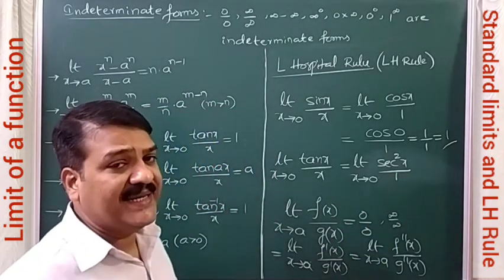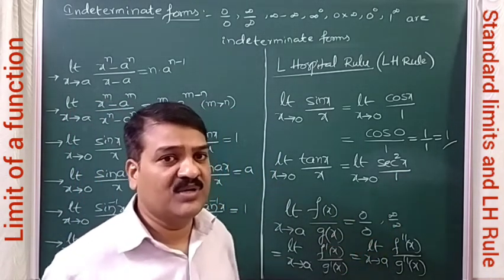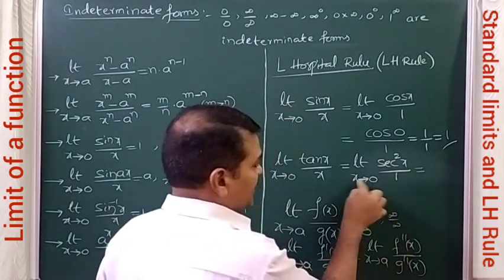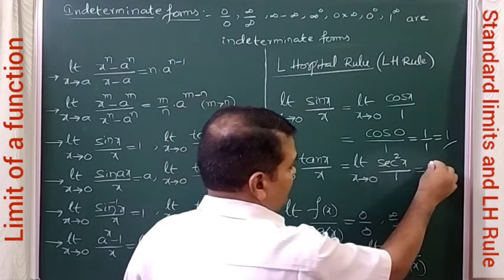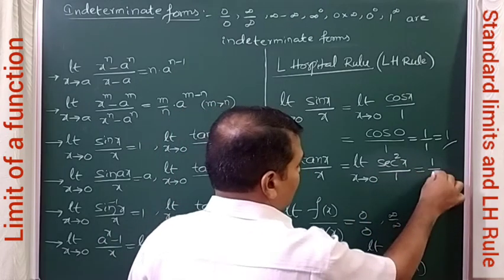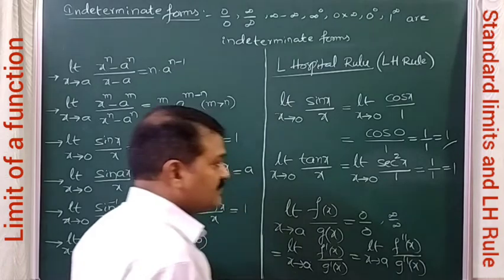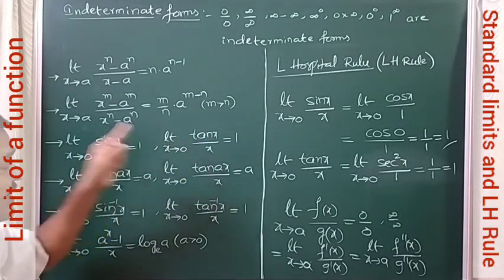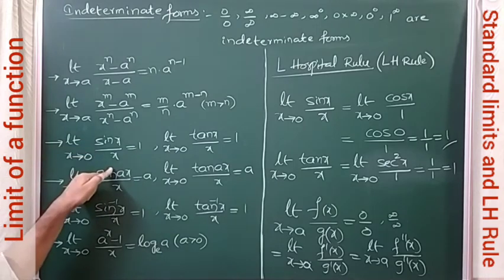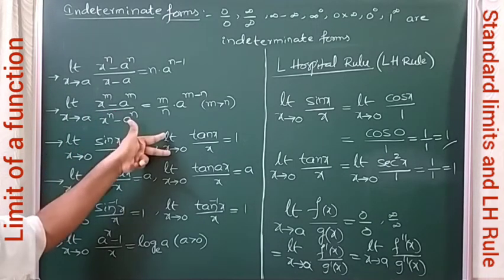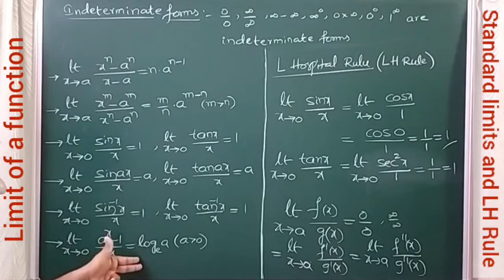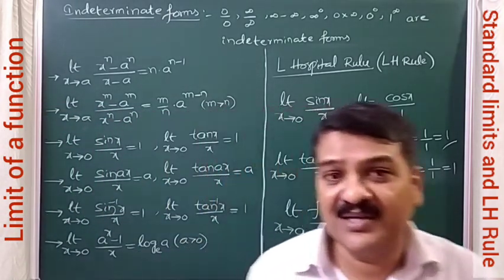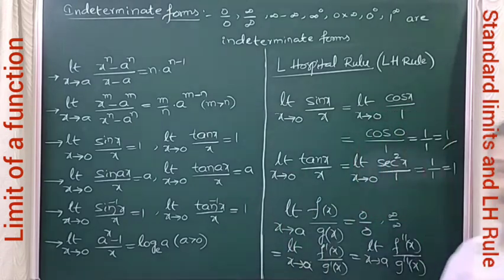Now that is not an indeterminate form. This is a finite limit only. So now you apply the limit. If x is taken as 0, sec 0 is 1, by 1, your answer is 1. So this is the process of proving these two standard results, but you have to remember the result. This will be very useful if you remember all these standard limits. Standard limits means the limits which you have to remember as a formula.